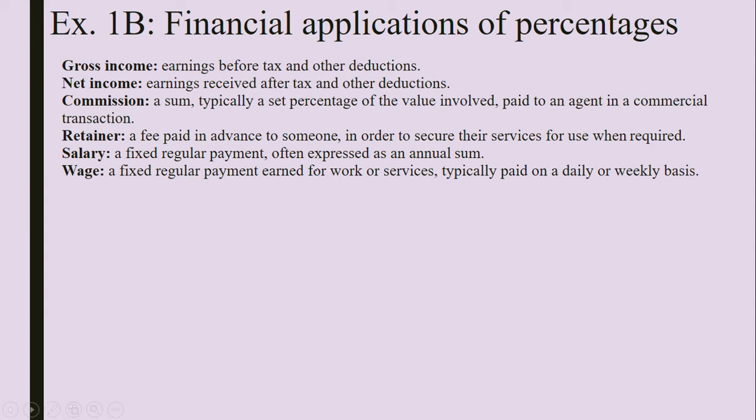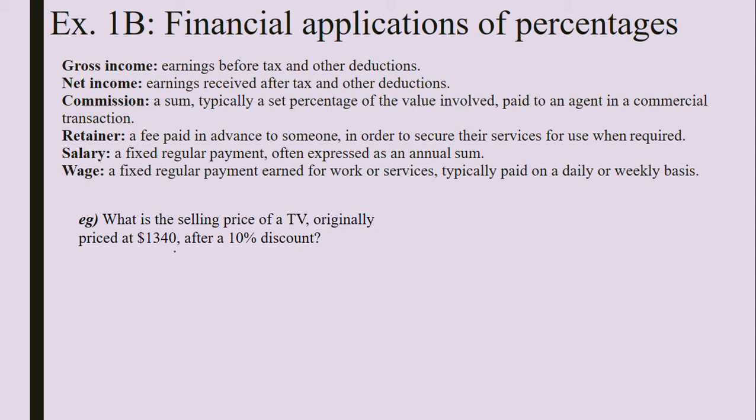Let's jump straight in with a couple of examples. First of all, we're going to look at what the selling price of a TV would be, originally priced at $1,340 after a 10% discount. Now, I do have a handy formula for you all. So the selling price of an item is going to be equal to the original price multiplied by 100 plus or minus the markup or discount, as a percentage.